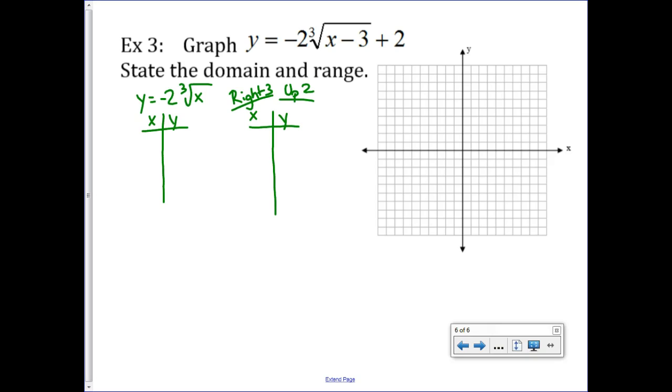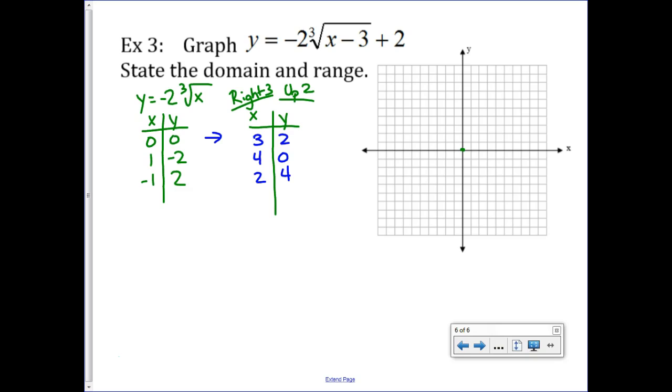We had 3 points that we can do without even plugging those values in: 0, 0, 1, a, and negative 1, negative a. And so the opposite of negative 2 is positive 2. Then we translate, so right 3, up 2.